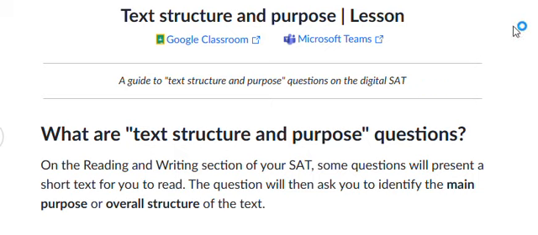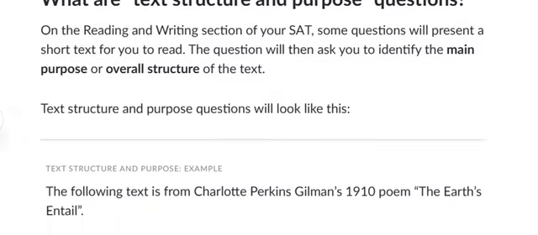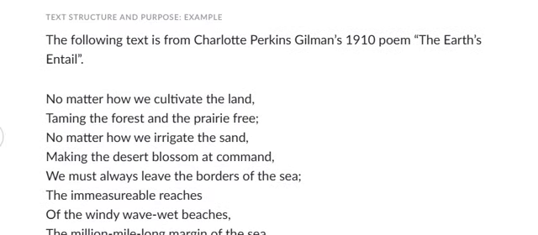So let's just begin. We'll have this question so we can have an idea of what kind of questions will be asked. It says the following text is from Charlotte Perkins Gilman's 1910 poem, The Earth's Entail.